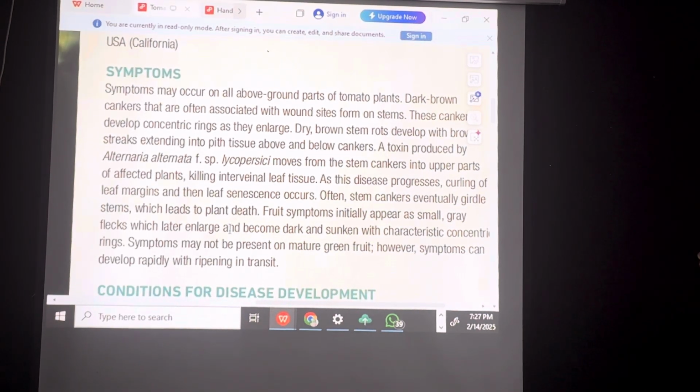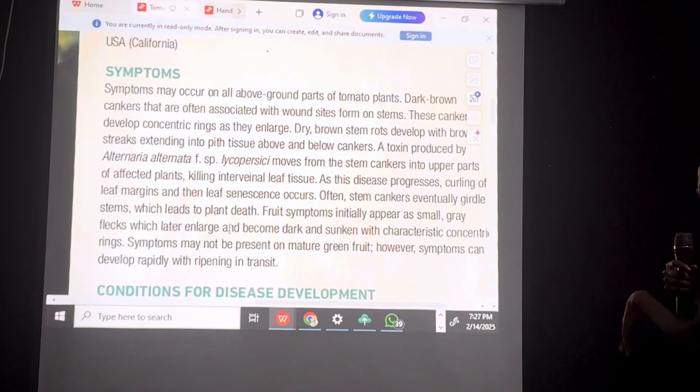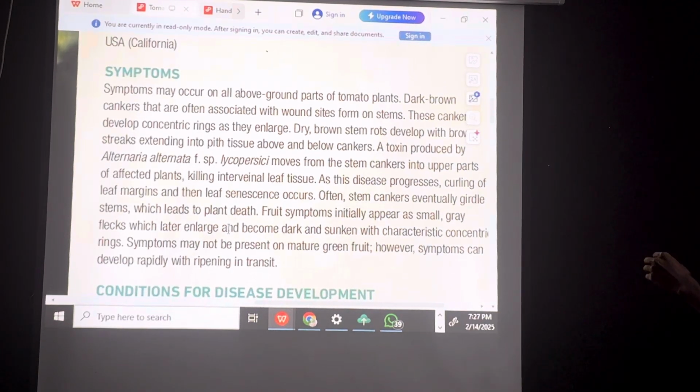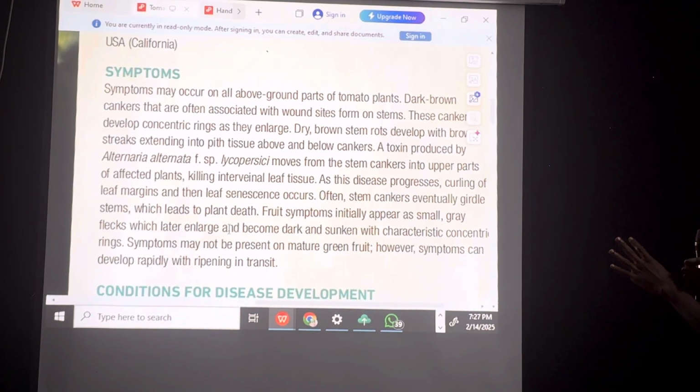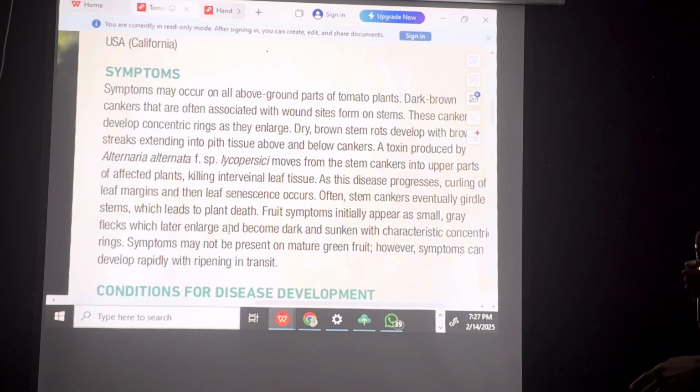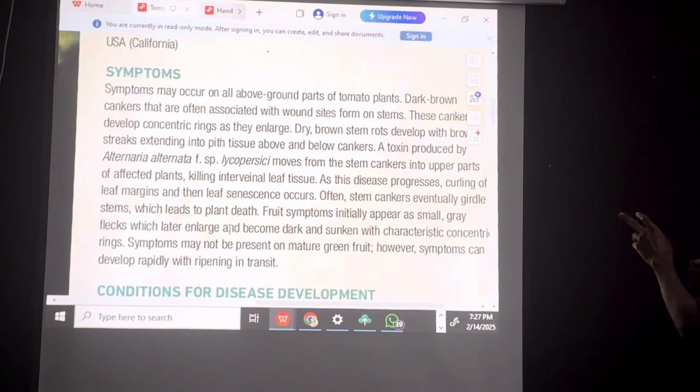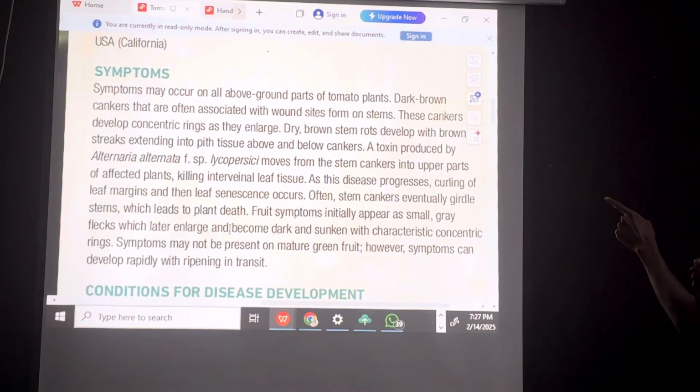Of course, often the stem canker eventually girdles the stem, which leads to plant death. Fruit symptoms initially appear as small, gray lesions, which later enlarge and become dark and sunken with characteristic concentric rings.